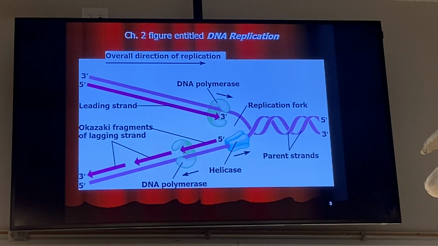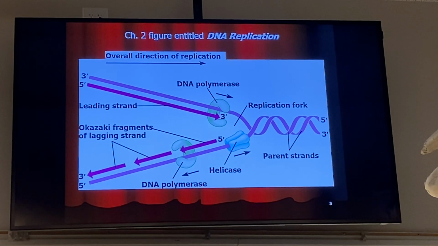DNA polymerase can only work on the intact strand, going from 3 prime to 5 prime. It can only replicate a new strand against the original strand in that direction, 3 prime to 5 prime.